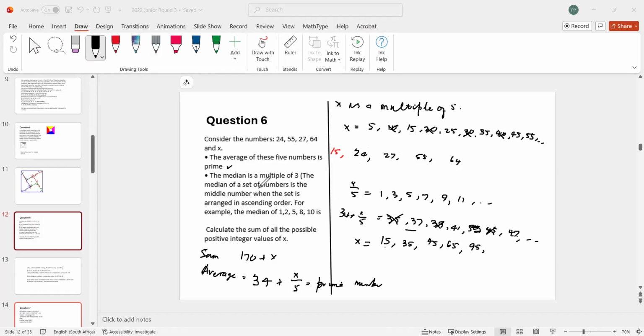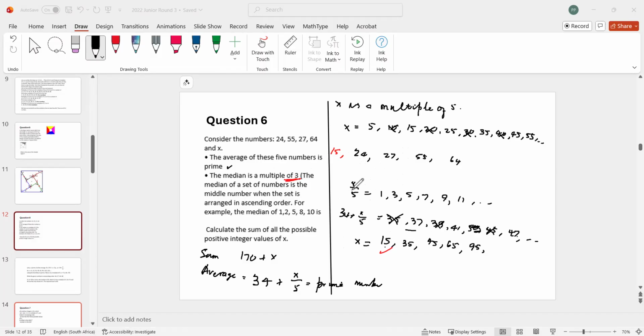They say here that the median, which is the middle number, is a multiple of 3. So 15 is allowed because the median in that case is 27. They say find all the possible positive integer values of x. 15 is allowed. Now let's try 35.